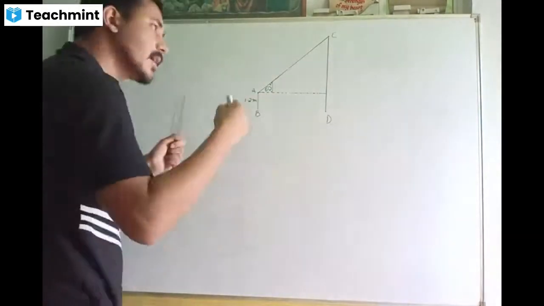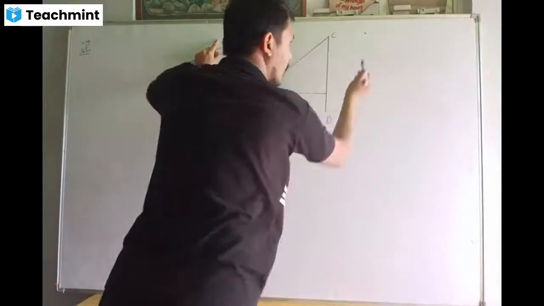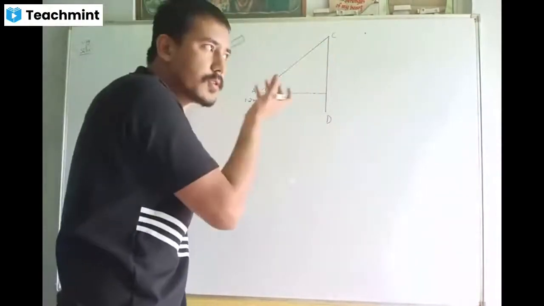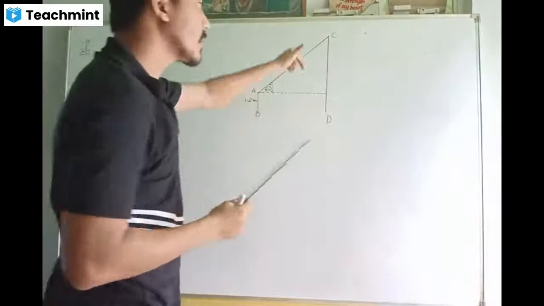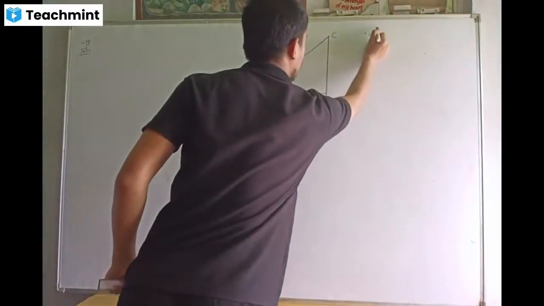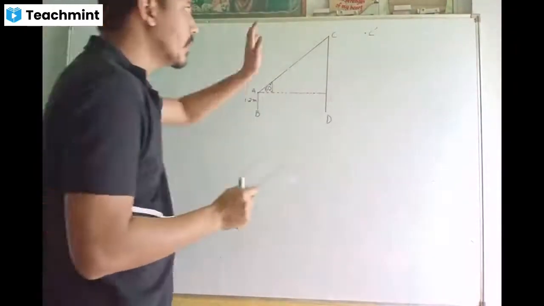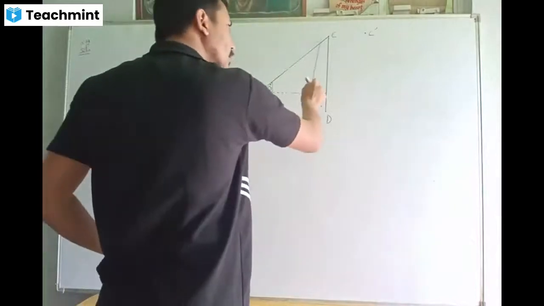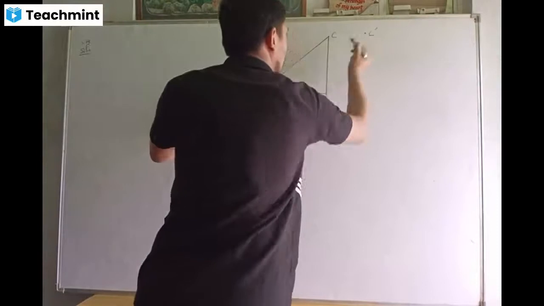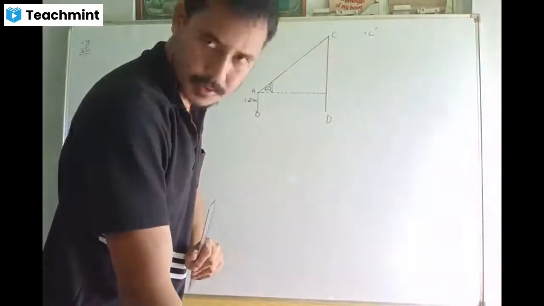After a few seconds, as she looks up, the balloon will change its position. The balloon is not standing idle. The balloon is flying. The balloon is moving. So after a few seconds, the balloon changes its position. Say C dash now. C dash is the new position of the balloon. So after the balloon changes its position, when the observer looks up now, this time the angle of elevation decreases to 30 degrees.